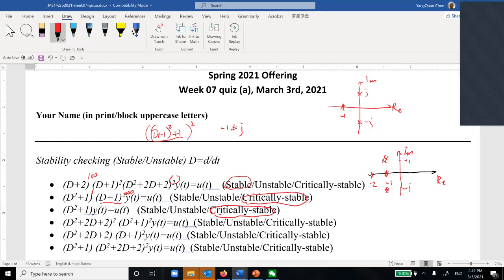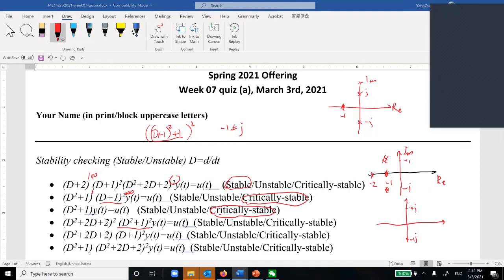All right, so now you have this term, with -1 plus 1j and minus 1j. Again, this means you have the same complex conjugate pair here.